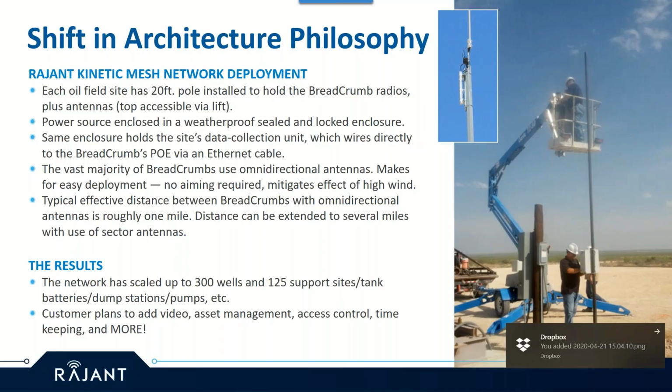Originally, it started with about 300 wells and a few support sites and tanks to make the whole thing work. Originally, it went for telemetry only. Then the customer wanted to add video, facility management, access control, timekeeping, and other things that were added.